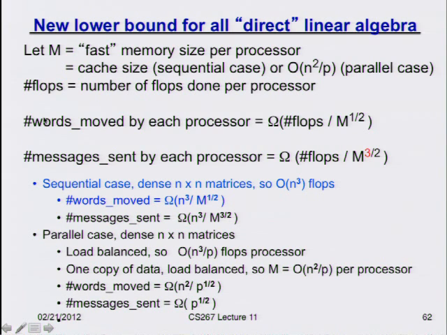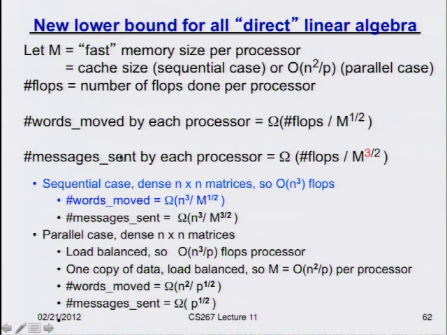And here was the claim that I made before. No matter how you organize those n cubed operations, each processor has to move at least, that's a lower bound, however many flops it does, divided by the square root of its local memory. We talked about how to attain it before, but we didn't prove that you couldn't do better. That's one metric that's very important.